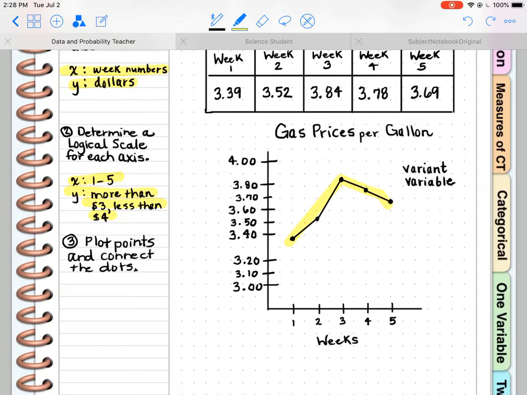They're not in order right here. They're all over the place. So you don't want to make that mistake of saying, oh, the middle one is $3.84 at week 3. They must be in order. So your graph can help you decide if you need to write them or if they're good to go. And because this graph is variant, I need to write them in order or I'll miss the median.